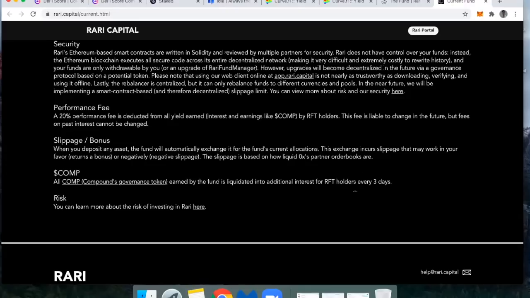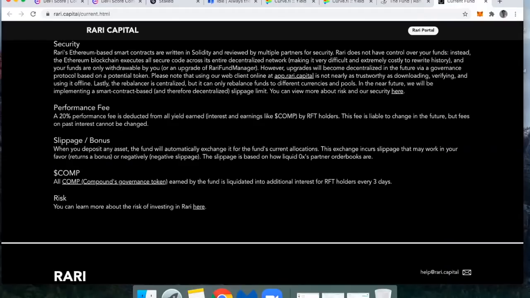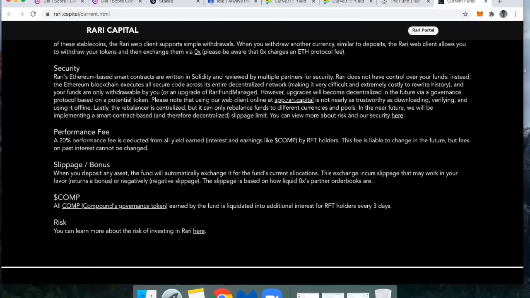And every 3 days, they liquidate COMP, which then adds yield, or however you want to classify it, and it's being put into your return. So what I'm earning here is also being topped up with profits from earning the COMP token. And they're doing all of that automatically in the background. So I thought that was really clever. I actually haven't seen that before.